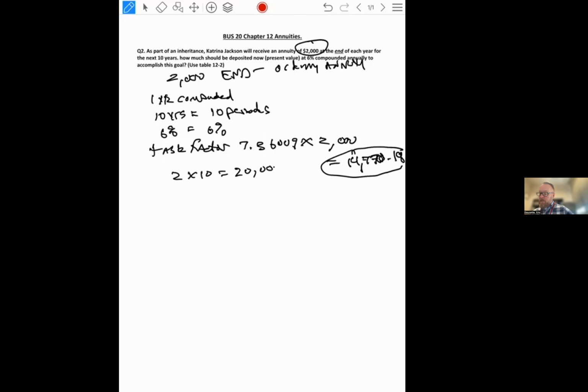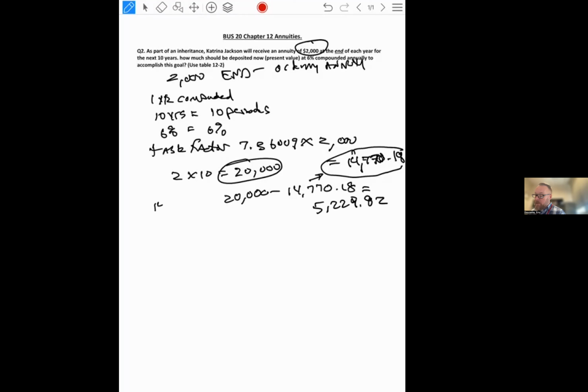So if you want to look at how much difference there is, you can subtract the two, which means that she earned that much interest. So 20,000 minus 14,770.18. So she earned $5,229.82 in interest.